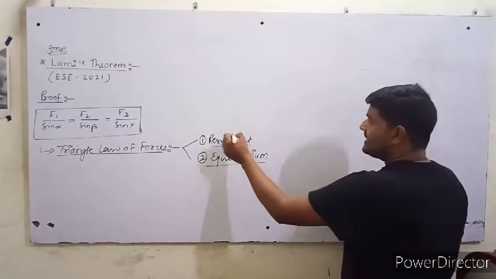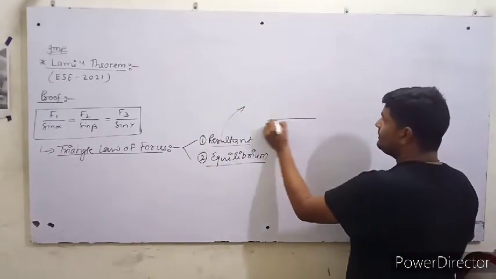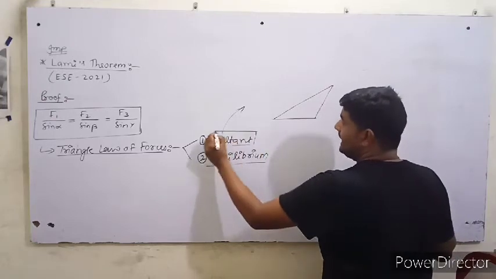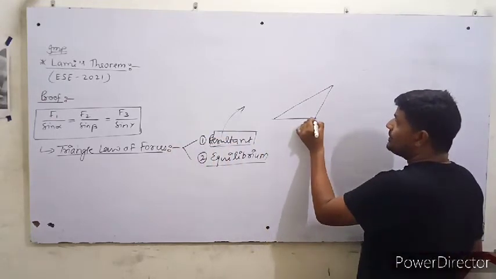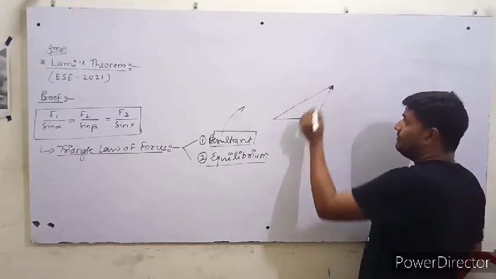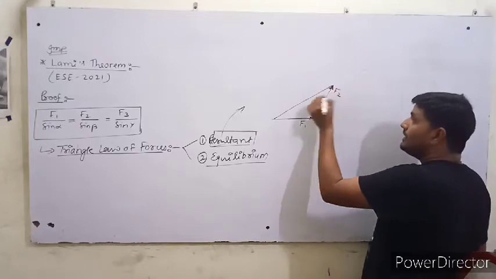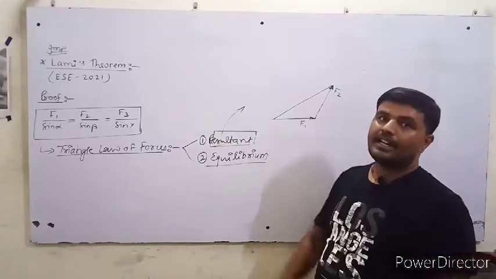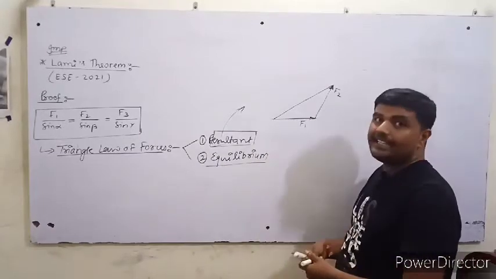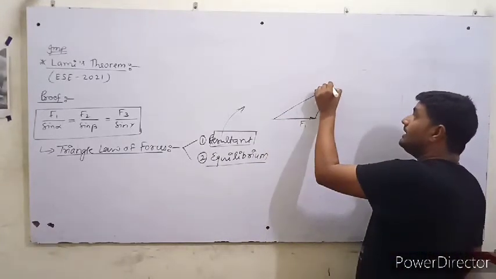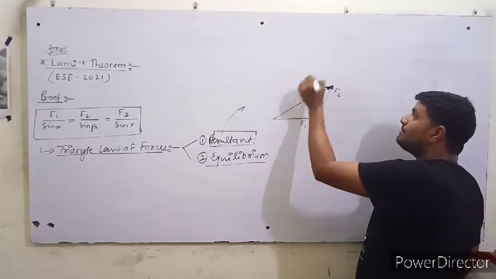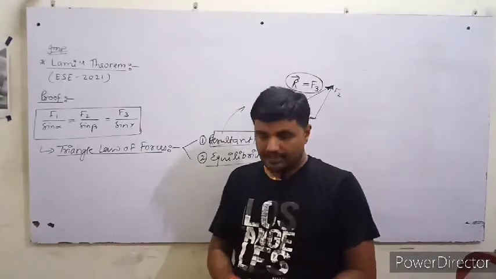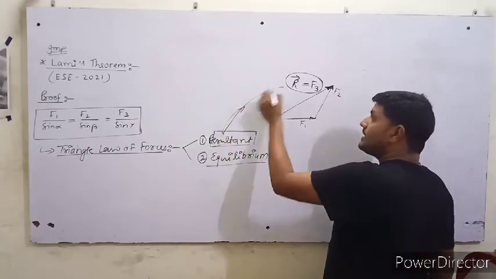So if I talk about the resultant, according to this law, if two forces may be represented by the two adjacent sides of a triangle, then the closing side will represent the resultant of all these three forces.